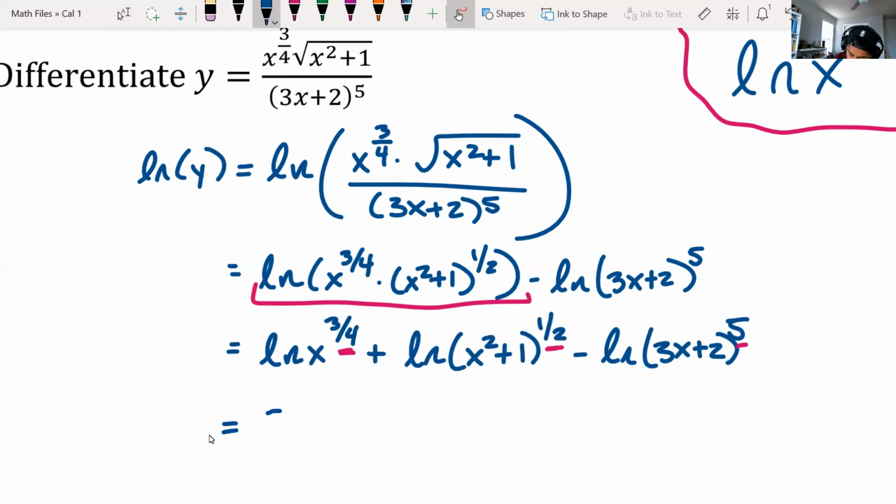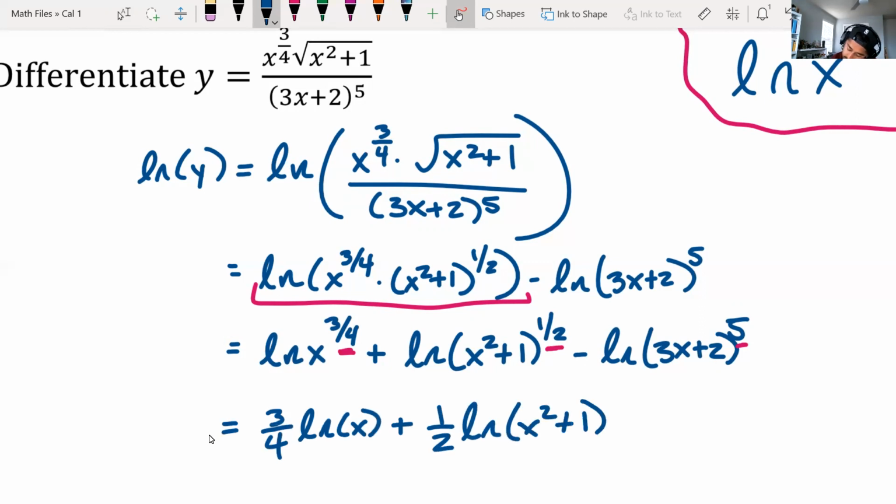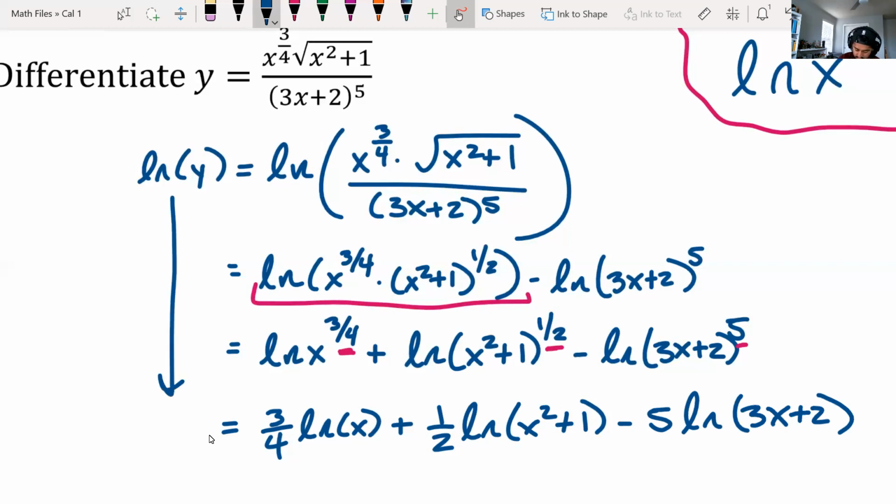So we get 3/4 natural log x plus 1/2 natural log x squared plus 1 minus 5 times natural log 3x plus 2. And have we taken the derivative yet? No. No. Now we take the derivative.